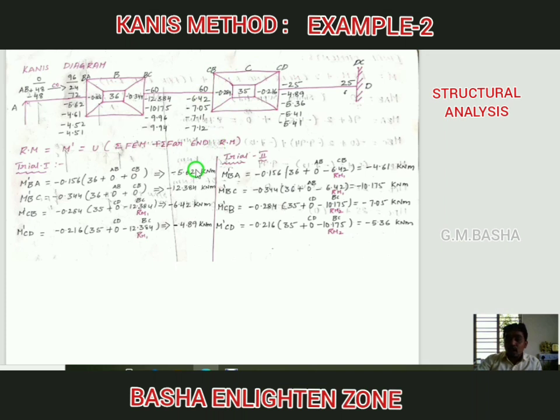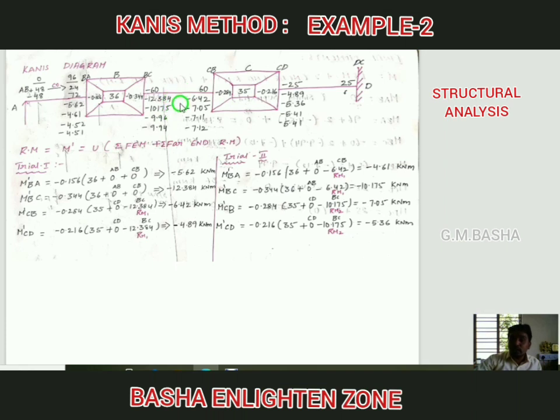Then calculate the rotation moment for m bar CB. I am not showing any formula, I am directly applying it here itself. If you are good at this procedure, there is no need to write down this formula, directly simplify in your calculators. See here, for m bar CB, u equal to minus 0.284 into the sum of the fixed moments 35 plus far end rotation moments, one will be 0 at DC, another will be minus 10.175 at the BC position.